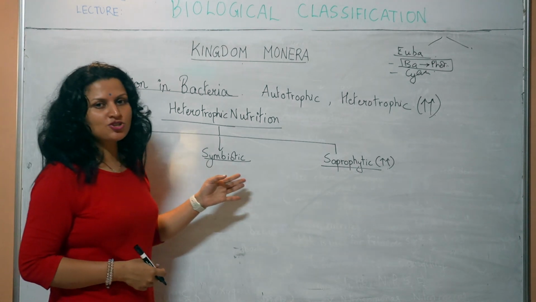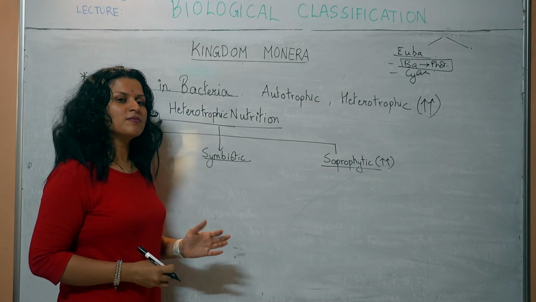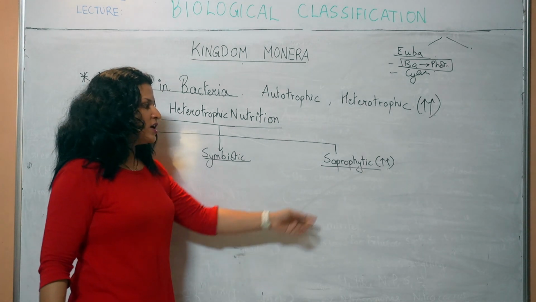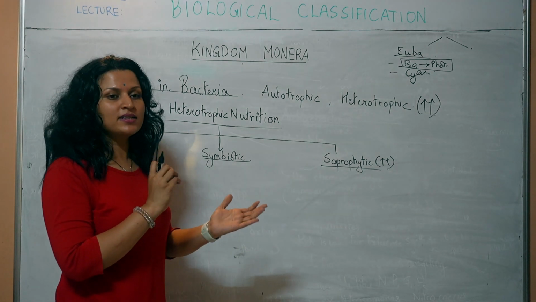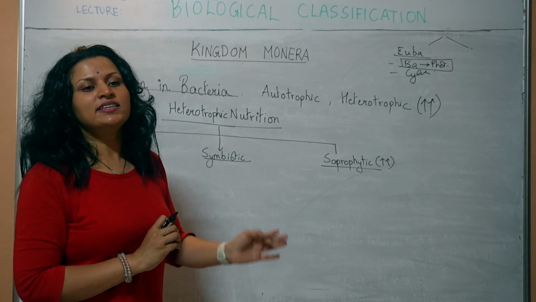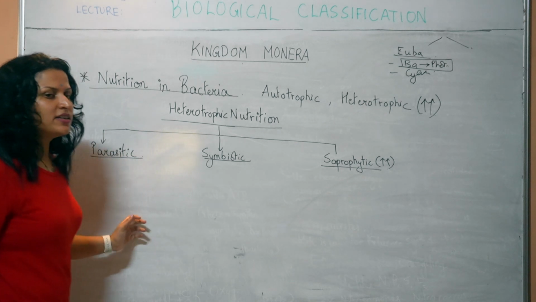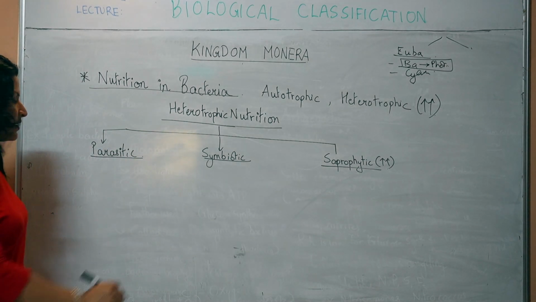In symbiotic nutrition, the organism takes nutrients from the other organism, however it gives back also. It's a symbiotic association. And in saprophytic nutrition, the source from which the bacteria derives its nutrition is dead or decaying organic material. Okay, so these are the differences between these three different types of heterotrophic bacteria.